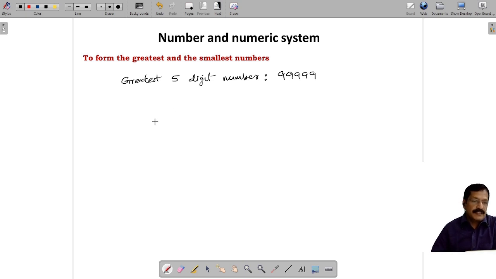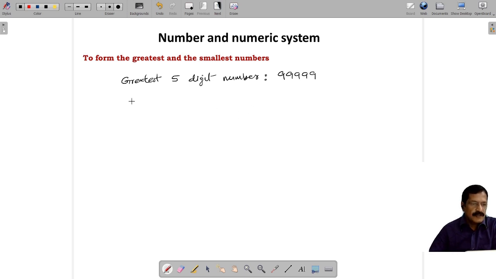Now suppose we have to find the smallest 5-digit number. The smallest digit is 0, but we cannot write 0 in the first position of a number. So we have to write the next smallest digit, which is 1.